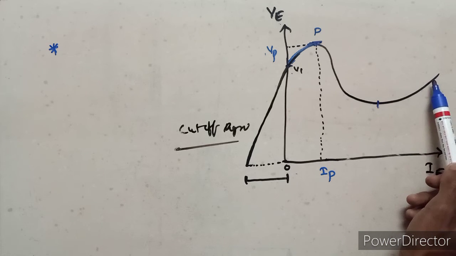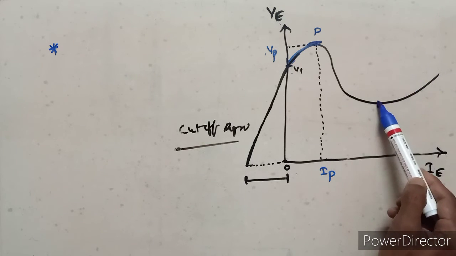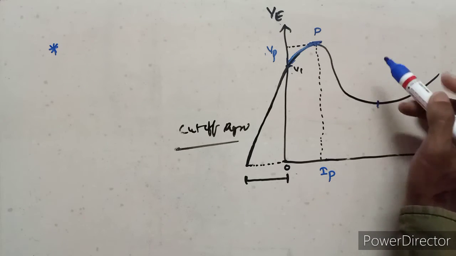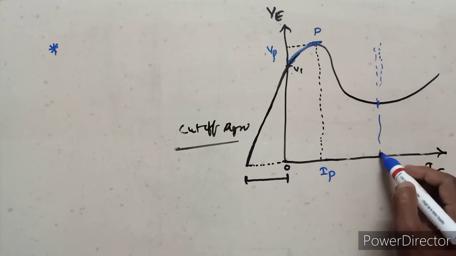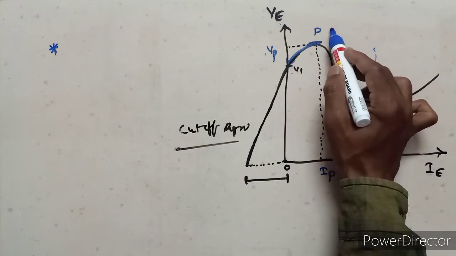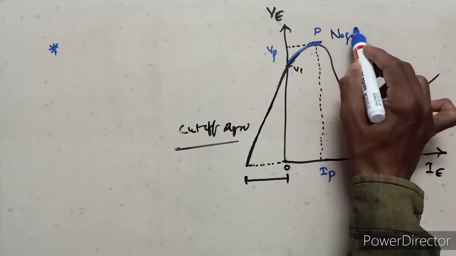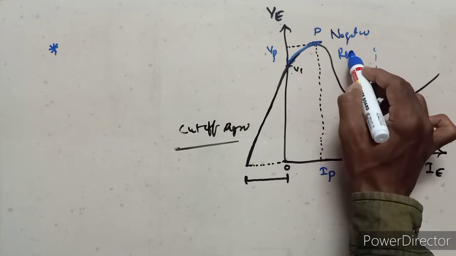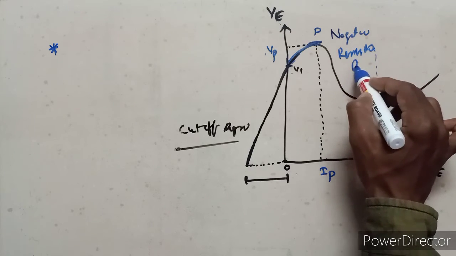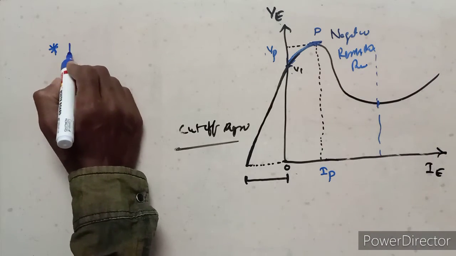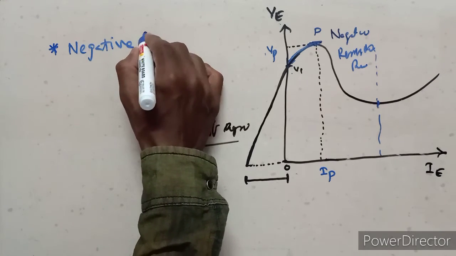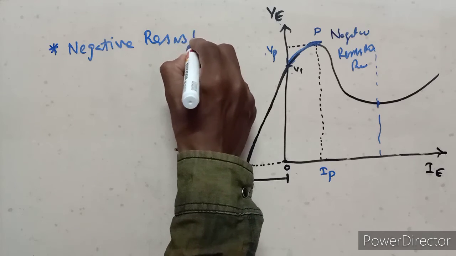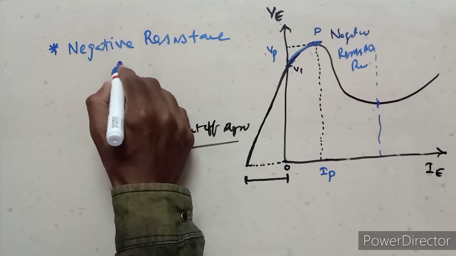This state is called the negative resistance region. What does negative resistance region mean?